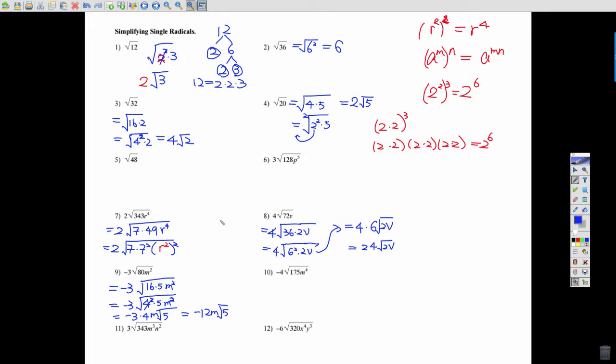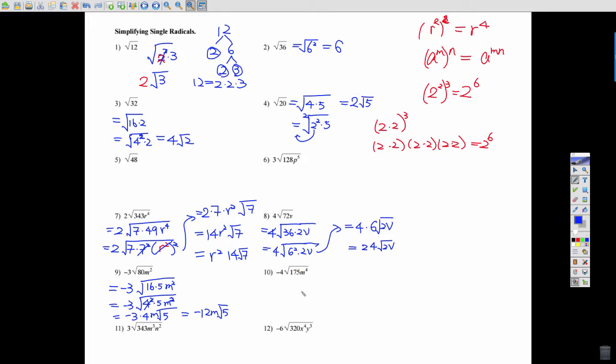So now if I continue with that, I will have 2 times the 7 comes out, the r squared comes out, and then inside is just root 7. So it's 14 r squared root 7. And generally you actually write it in this way, 14 r squared root 7. That's just a habit. You put the numbers together and put the variables together.